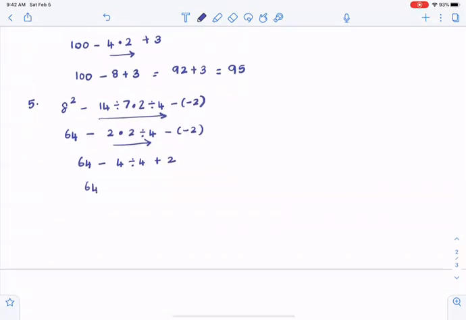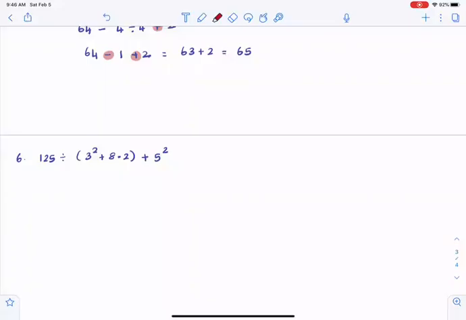We have to take care of the division first. Minus 4 over 4 is 1, plus 2. 64 minus 1 is 63, plus 2, you get 65.